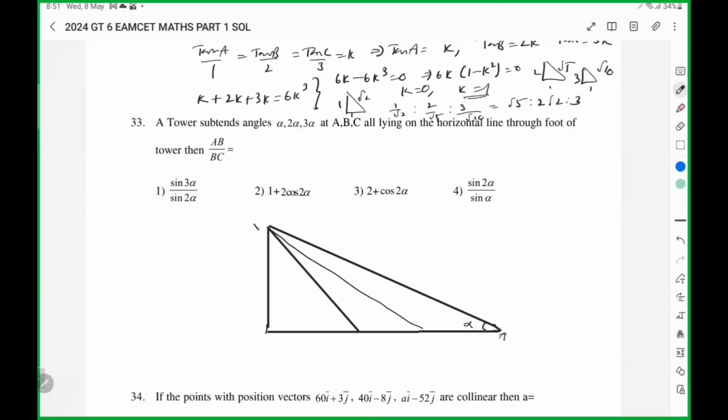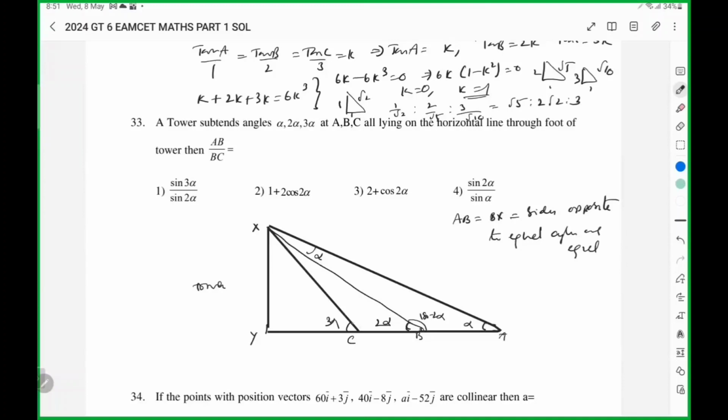This XY is a tower, alpha at A, 2 alpha at B, 3 alpha at C. What we have to find out is the ratio. It is 2 alpha, it is 180 minus. The sum of three angles is 180 degrees. So AB is equal to BX, because sides opposite to equal angles are equal.